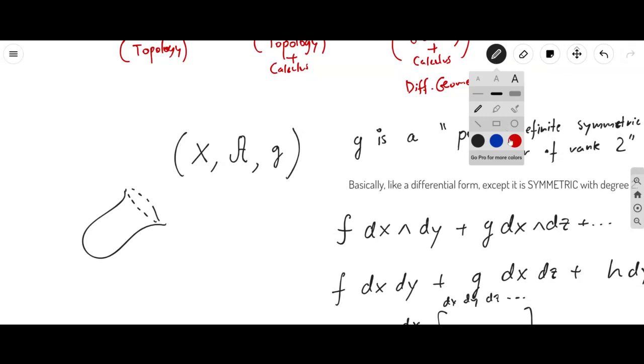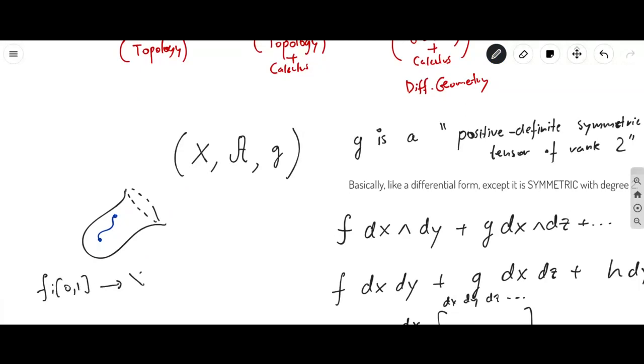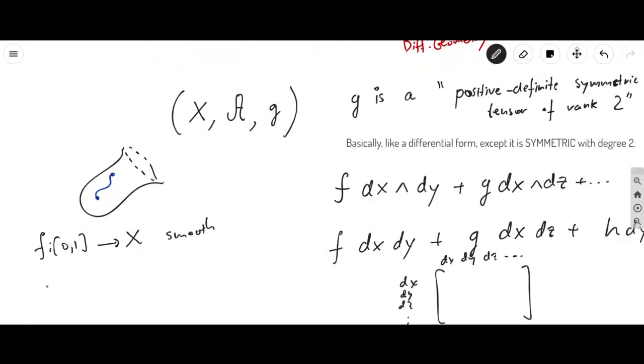But the idea would be that if you have, let's say, 2 points on the geometric manifold, and you have a smooth path between them. We know what it means to be smooth because we have a smooth manifold. But now you can calculate the length of that path.